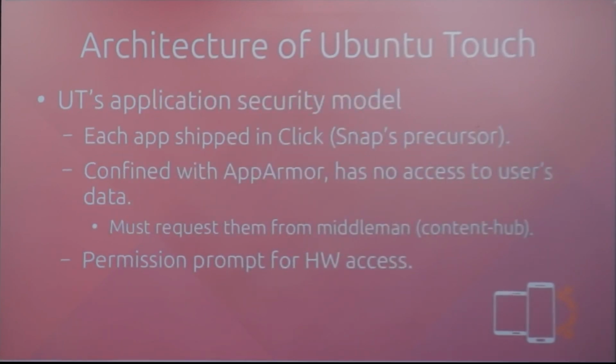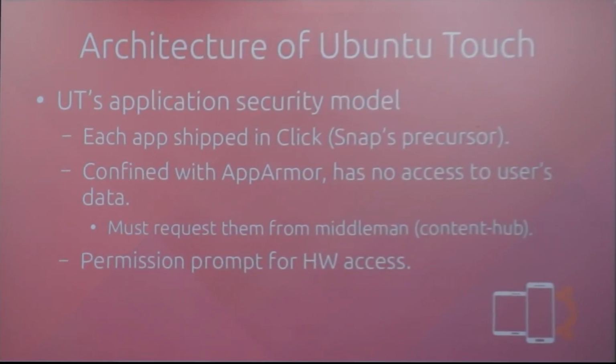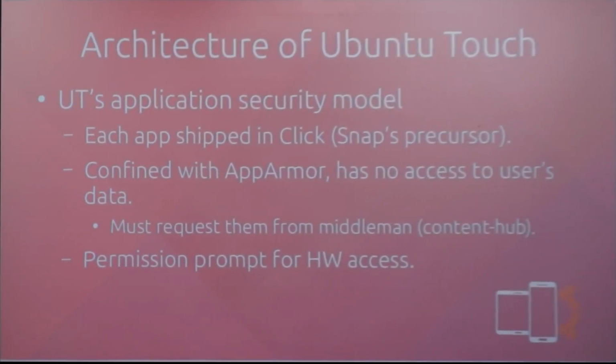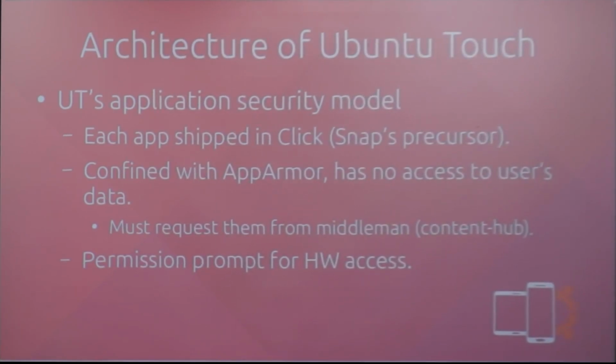Now, let's talk a little bit about the Ubuntu Touch security model. Each application is packaged in its own container called Click, which is a Snap precursor. The application is confined using AppArmor, which prevents access to users' data by default. For an app to request access to other applications' data or users' data, they have to do so via a middleman, which is called Content Hub.